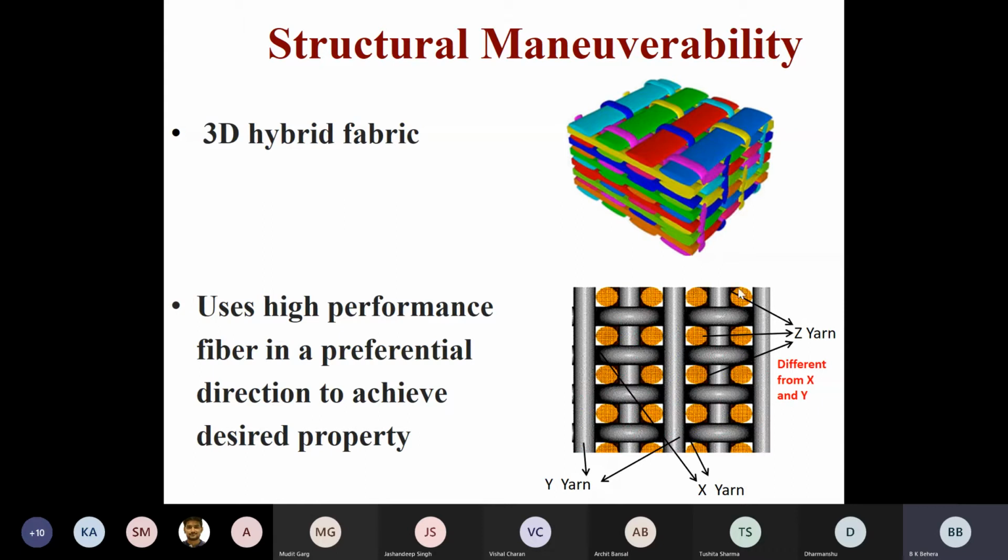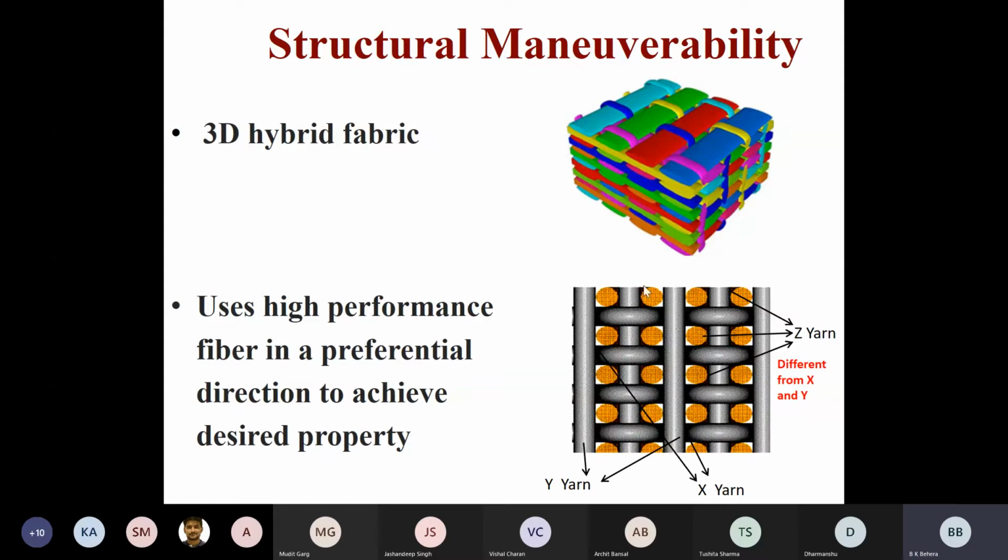Normally, for example, just one example, if I want to produce a 3D fabric for a bulletproof jacket, as you know, in a bulletproof jacket, these golden color yarns, which are denoted by Z in thickness direction, they are in the thickness direction of the fabric. When a bullet hits, these are the yarns which have to face the penetration resistance of the bullet.